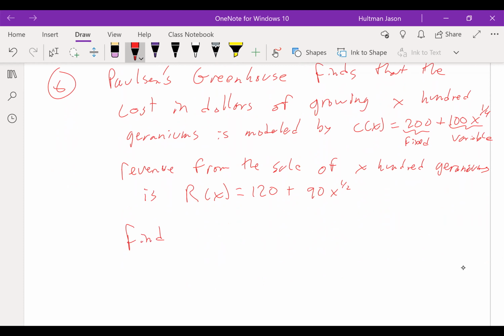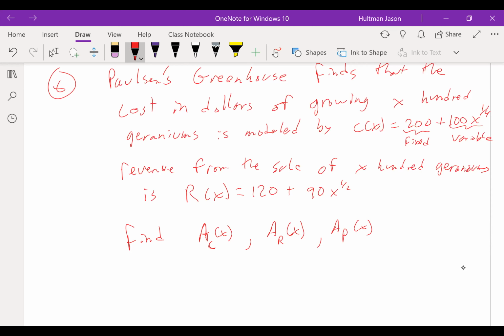Find the average cost function, which we're going to call A sub C of X. We want the average revenue function, which we're going to call A sub R of X, and then the average profit function.